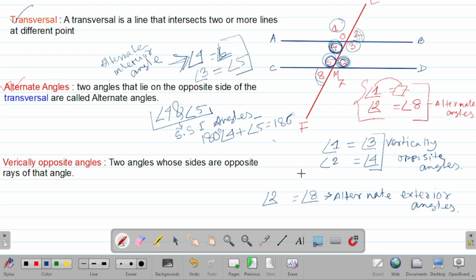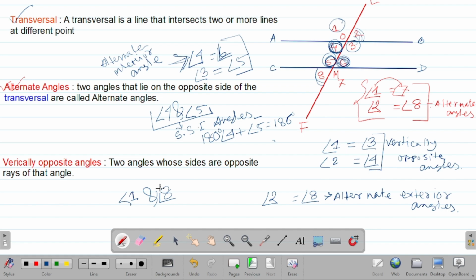Now let's try to find same side exterior angles. If you focus on angle 1 and angle 8, then we can say that angle 1 and angle 8 are on the same side of the transversal EF.